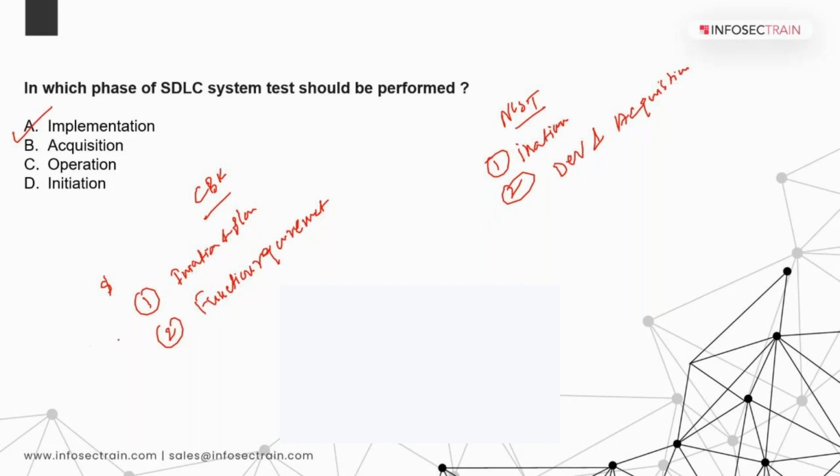So your design and specification. Third, fourth, your development and implementation. Fifth, your documentation. Sixth, your testing.